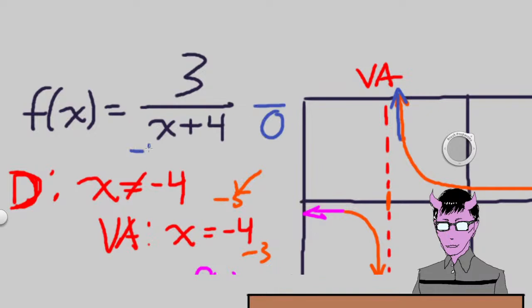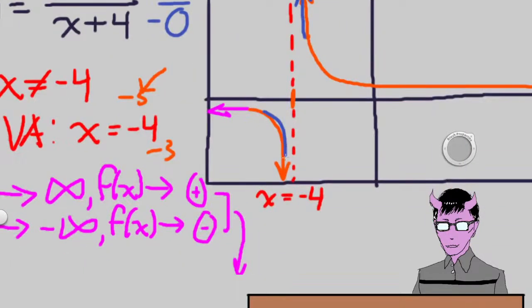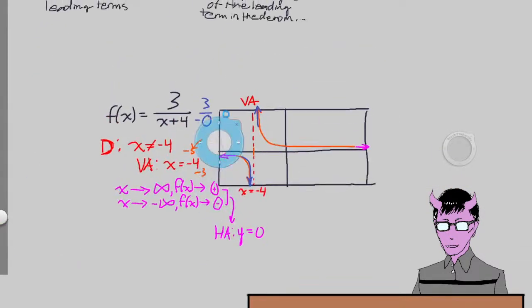But because you plugged in something that's slightly smaller than negative 4, you're going to get something that's slightly negative. So it's almost 0, negative almost 0. So 3 divided by almost 0 negative explodes downwards. So we're still in agreement.